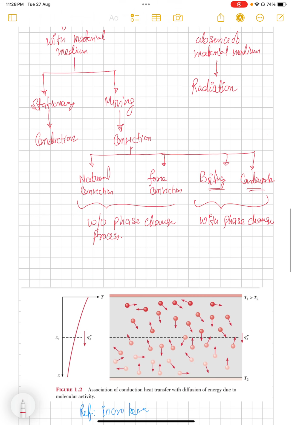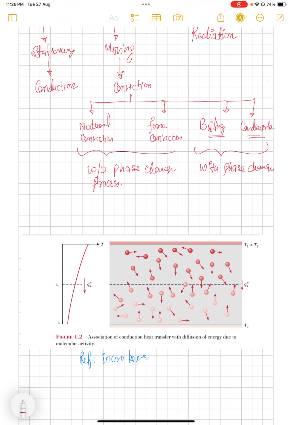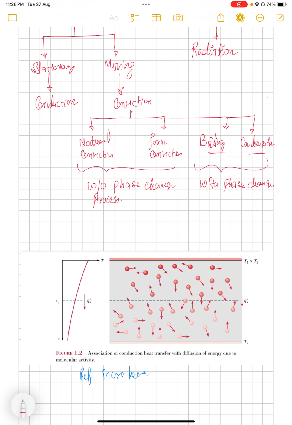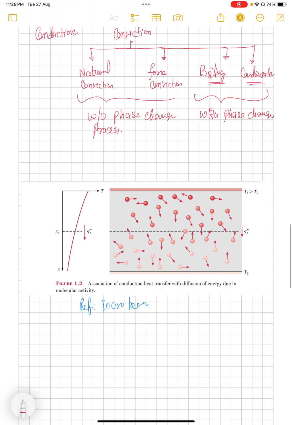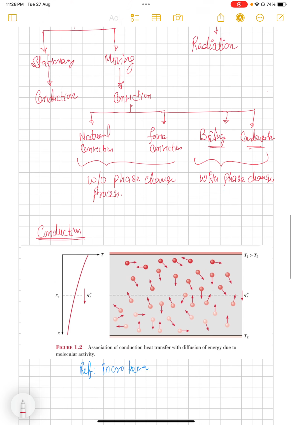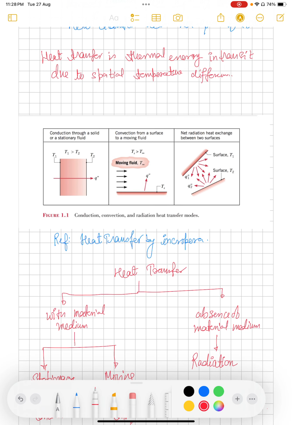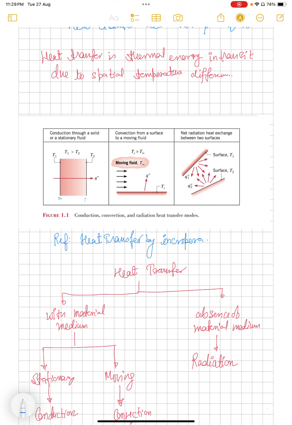And now we should understand each of these modes of heat transfer in a very detailed manner. So let's start with conduction. If we can see here, these two surfaces are maintained at different temperatures, T1 and T2.